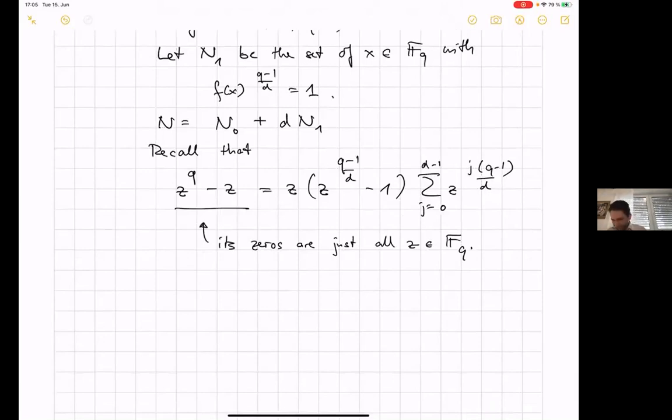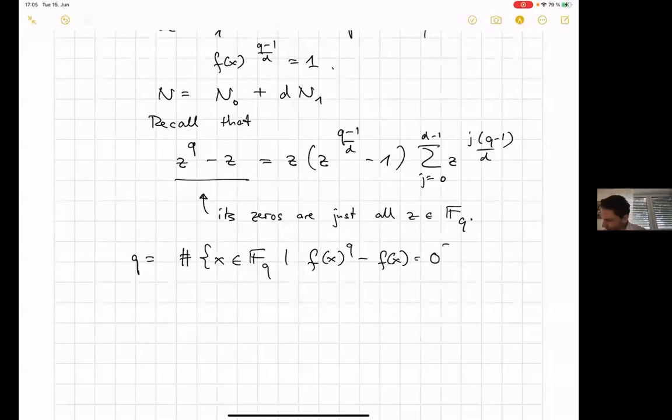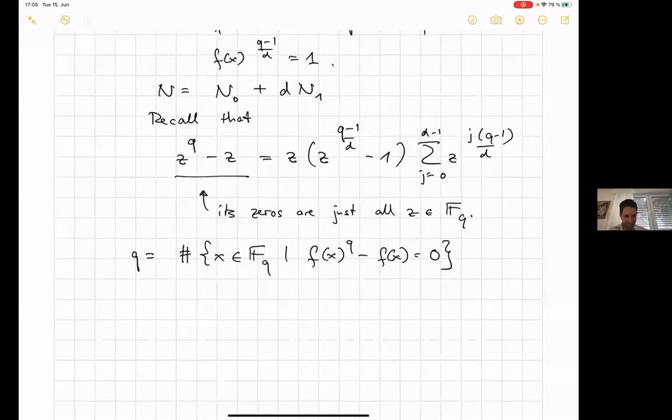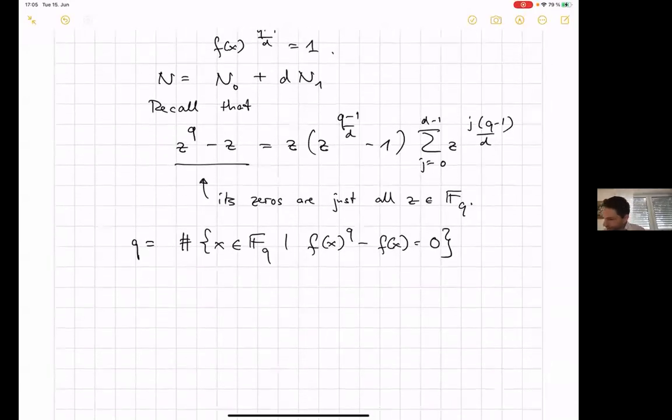Okay, so the cardinality of the zeros is q. In particular, q equals the number of x in Fq such that f of x to the power q minus f of x equals 0. Okay, because this is just true for all x in Fq. And now you can split this into cases. First of all, f of x can be 0.